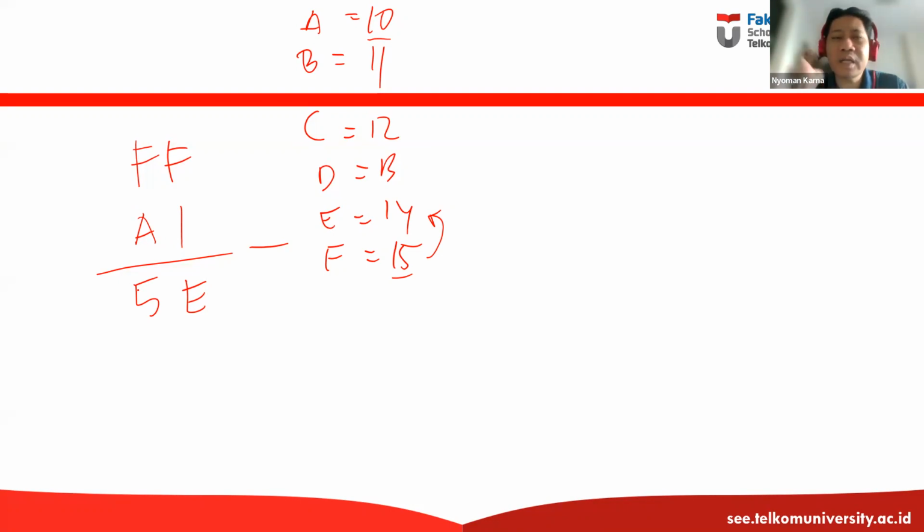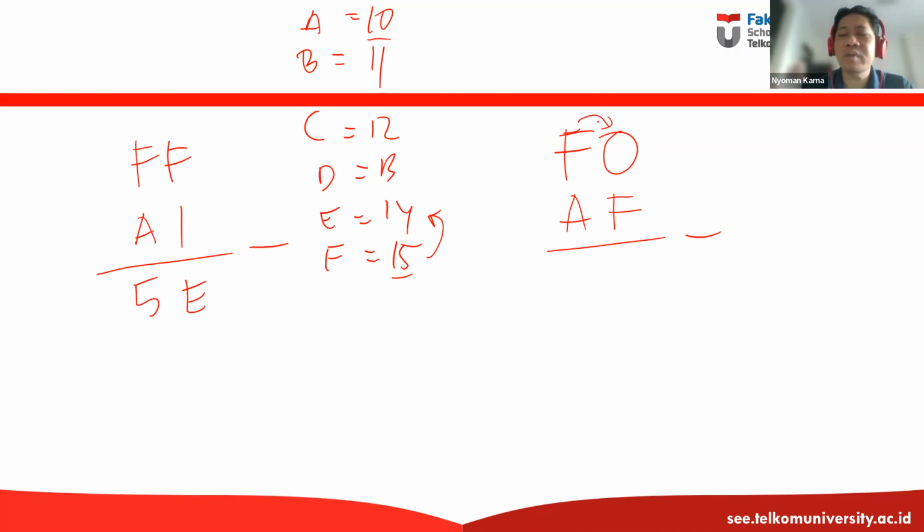Now, how about subtraction in hexadecimal but using borrow? Let's say I have F0, and I'm going to subtract this one with AF. 0 minus F, no, I can't do that. So I need to borrow from F first. I'm going to borrow from F. And the borrow value is 16 because this one is hexadecimal.